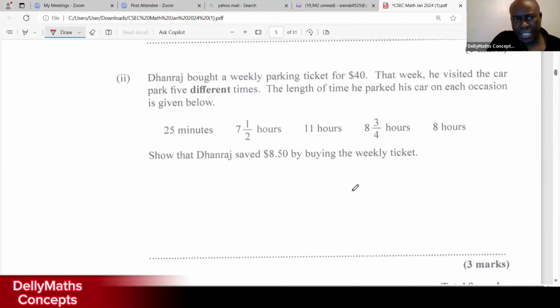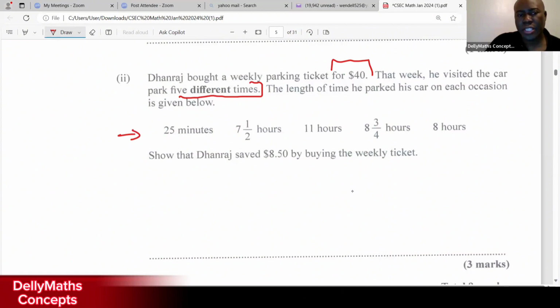All right, let's look at this part. Sunraj bought a weekly parking ticket for $40. That week, he visited the car park 5 different times. Want to make note, the length of time he parked his car on each occasion is shown below. So we have the times here, as you could see, right?